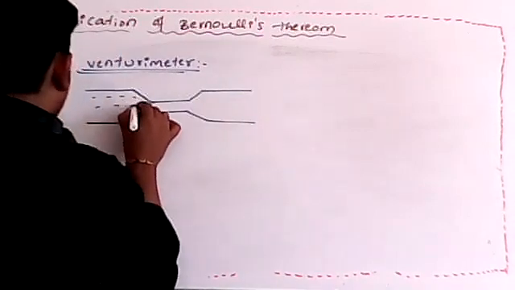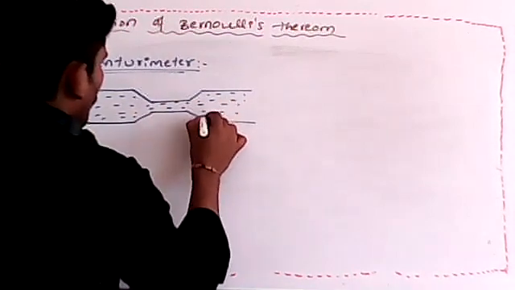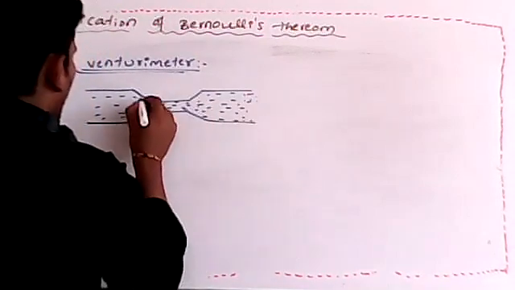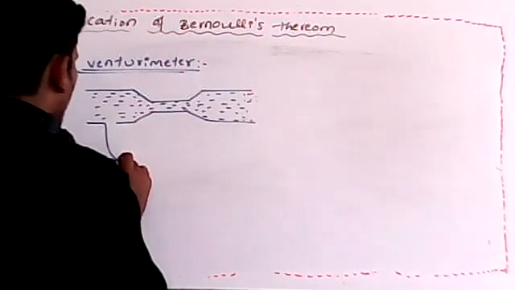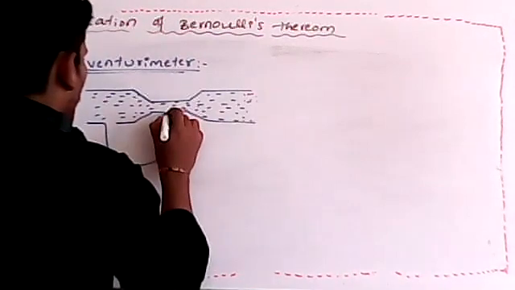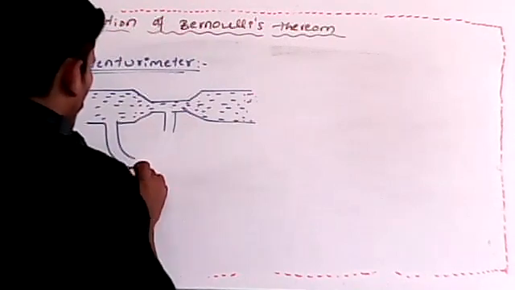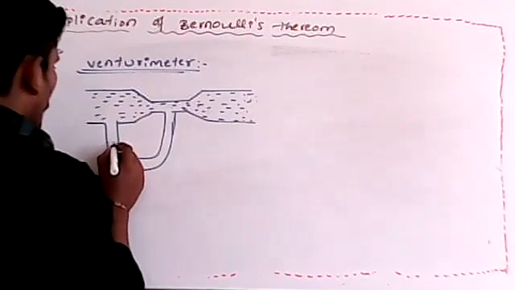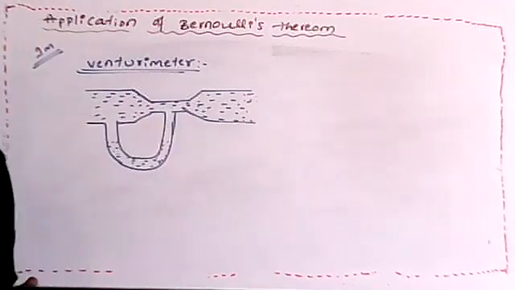Area of cross section, like this. In this particular case, you can write it in this way. So this is the arrangement of a Venturi meter, students, remember. What do you mean by Venturi meter?